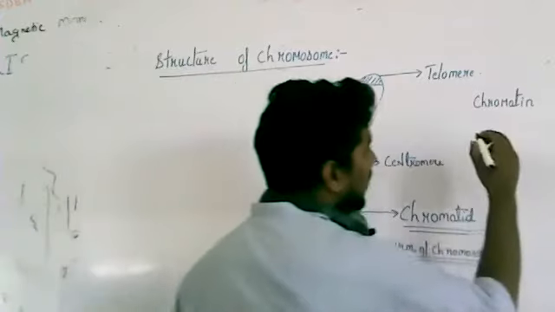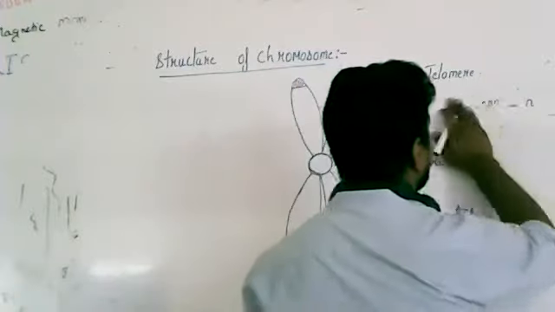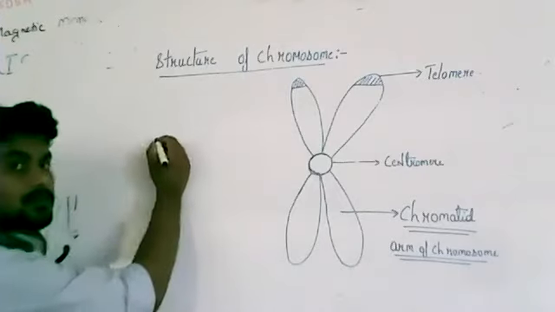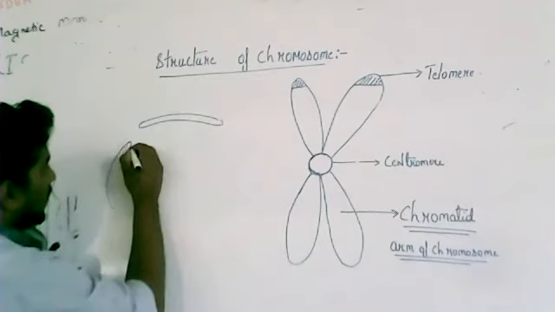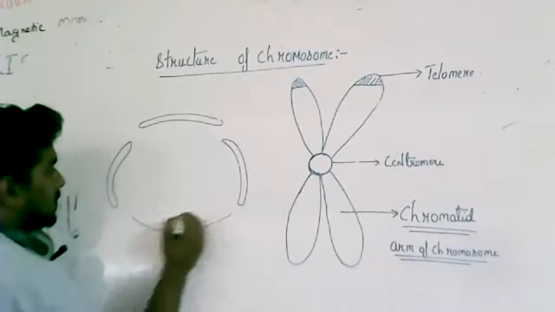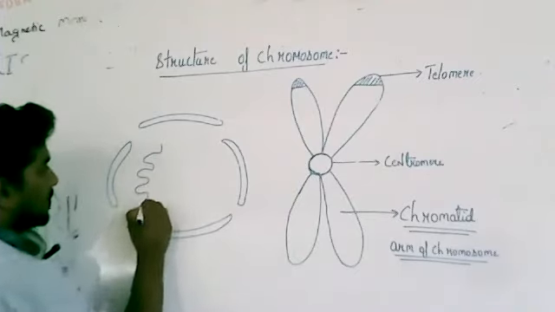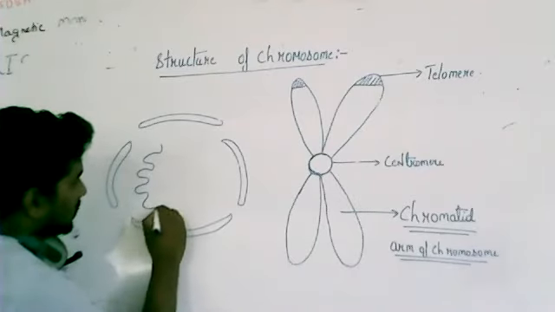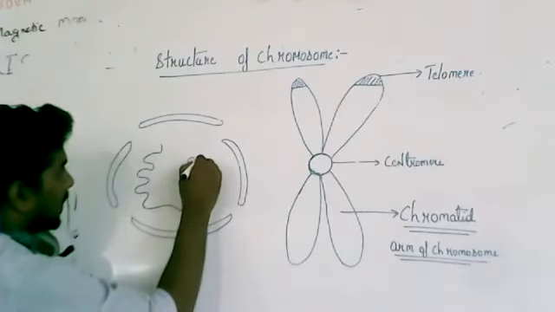Then what is chromatin now? When we drew the structure of the nucleus last time, inside that nucleus, what was present? There was presence of DNA. Okay. So inside this nucleus, thread-like structure was observed. In some areas these threads were loosely arranged, and in some areas these threads are compactly arranged.